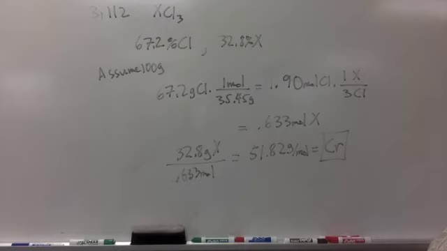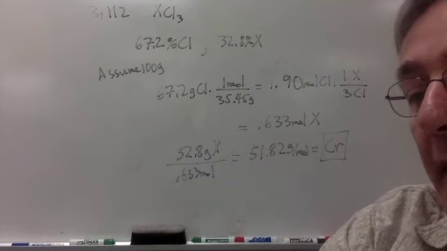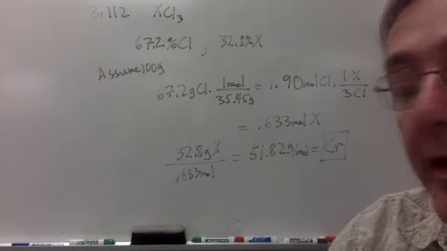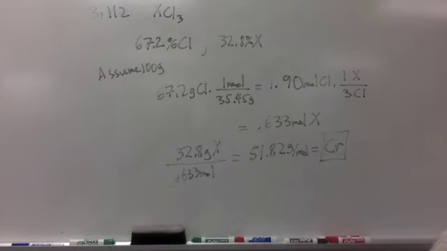And 32.8 grams divided by 0.633 moles is 51.82 grams per mole. So 51.82, when I look it up on the periodic table, is chromium. Chromium is actually 51.9961. But that's the closest one, so I say my answer is chromium, and the back of the book backs me up.